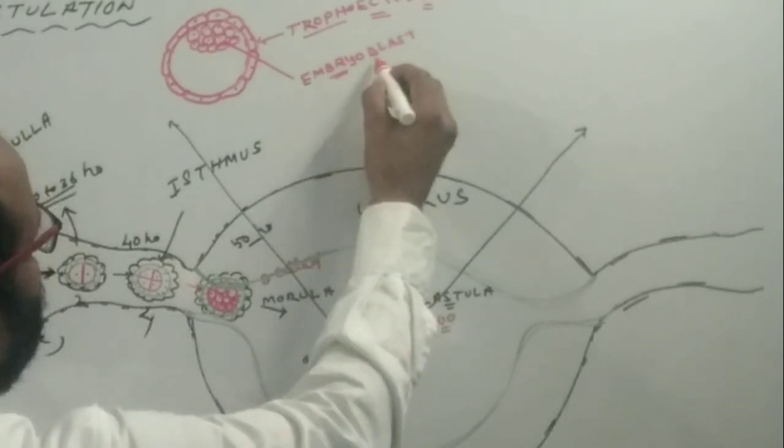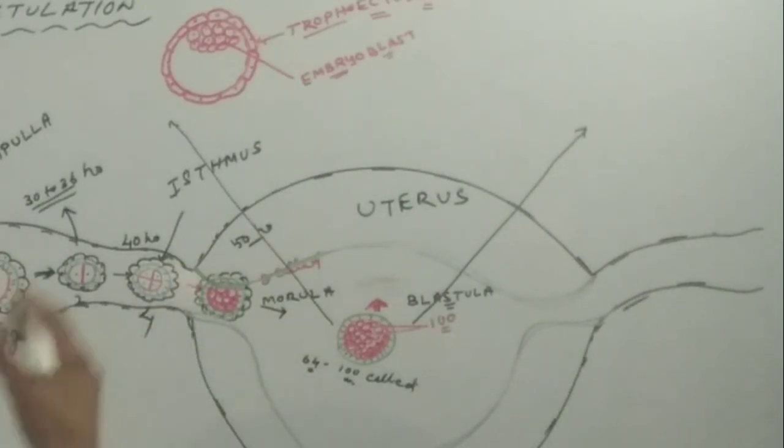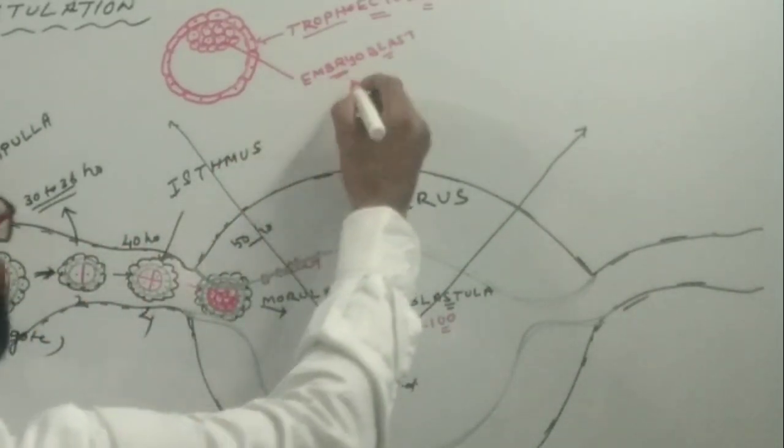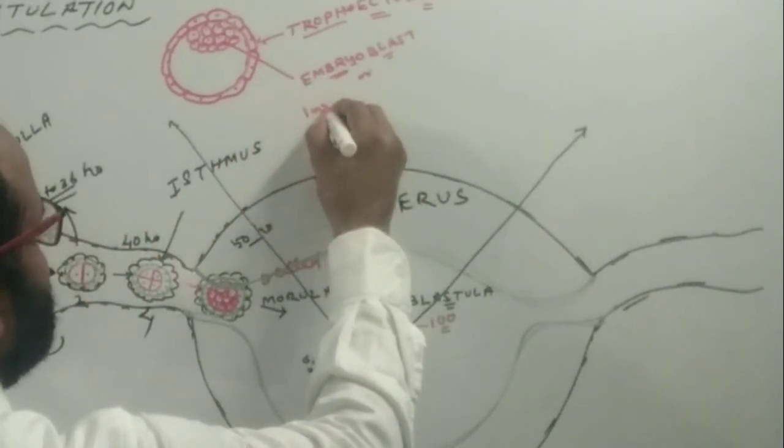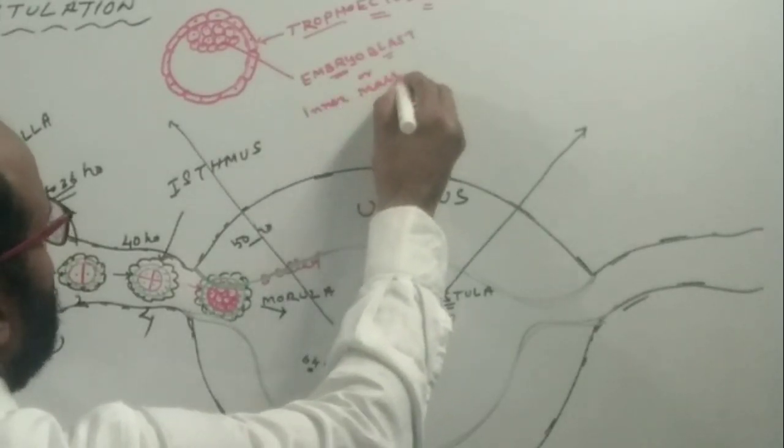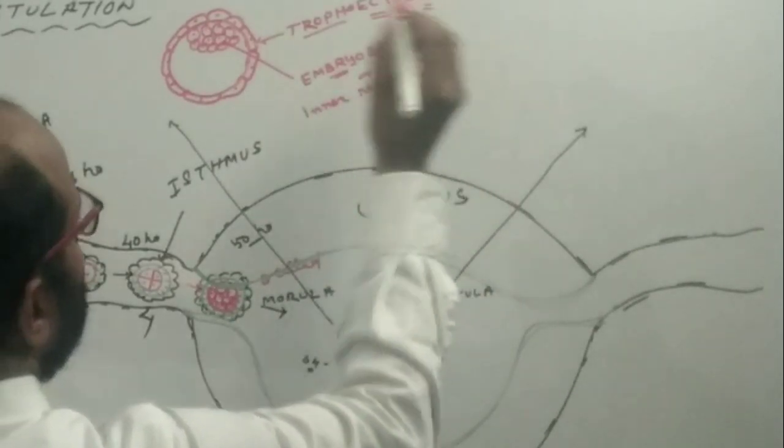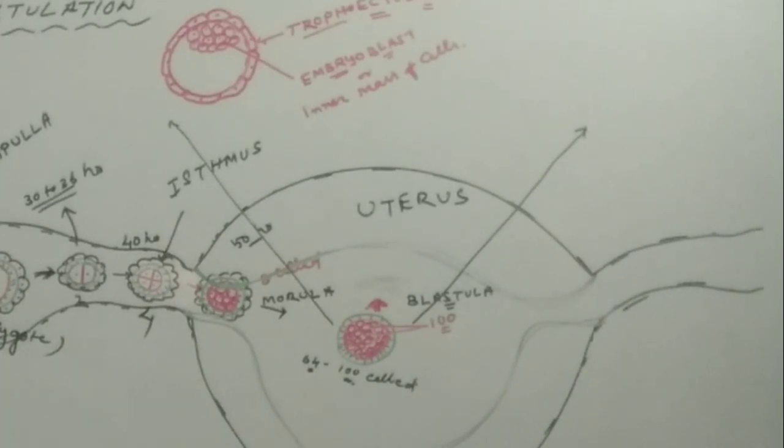Embryo means embryo and blast means production. So these are known as the inner mass of cells or the embryoblast.